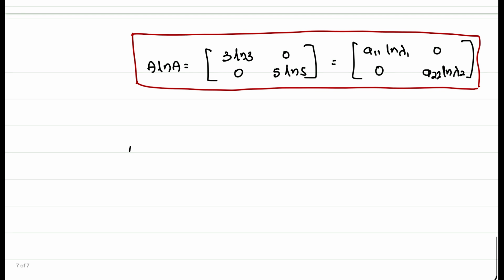Now, what is A to the power of A? That is e to the power of A ln A. That is e to the power of the matrix [3 ln 3, 0; 0, 5 ln 5].